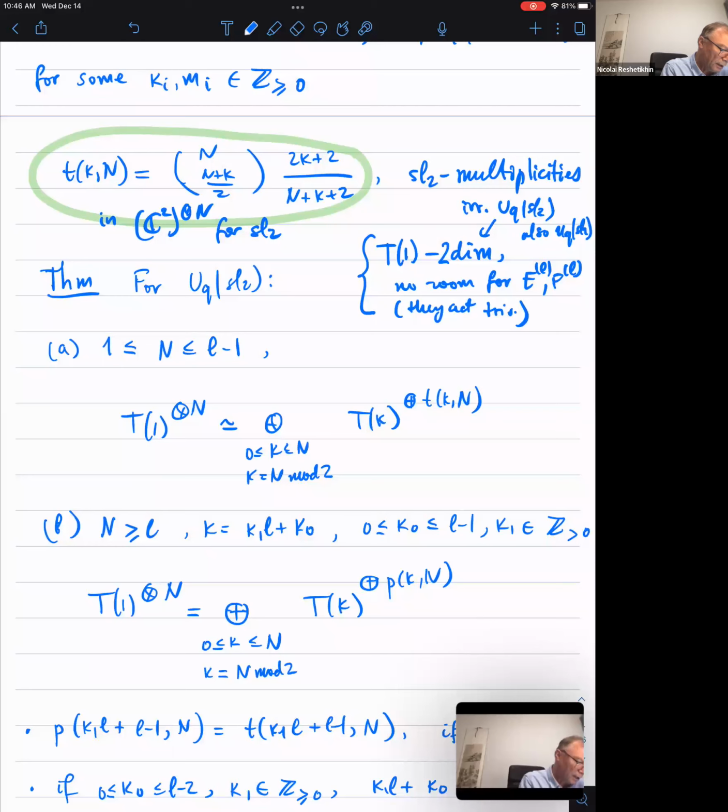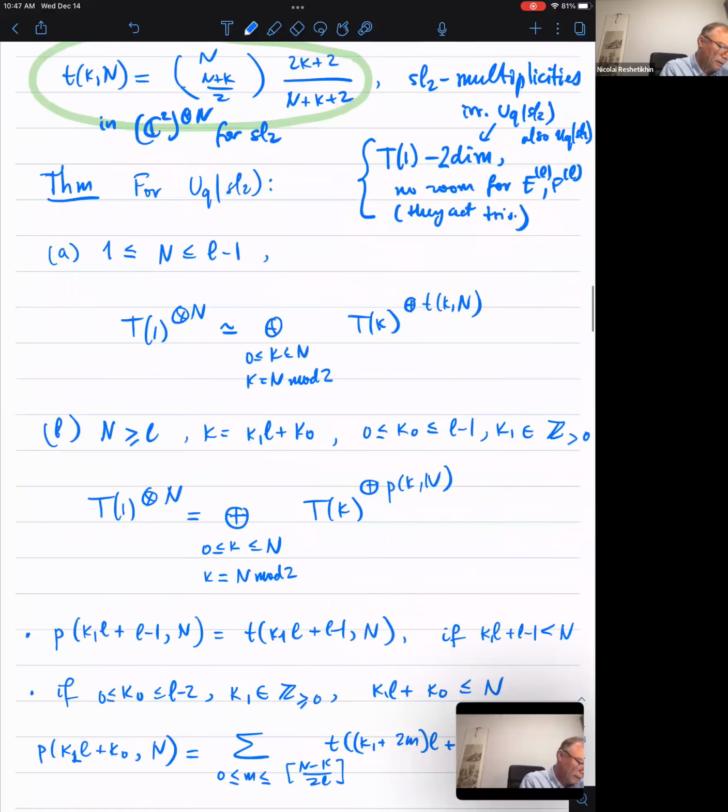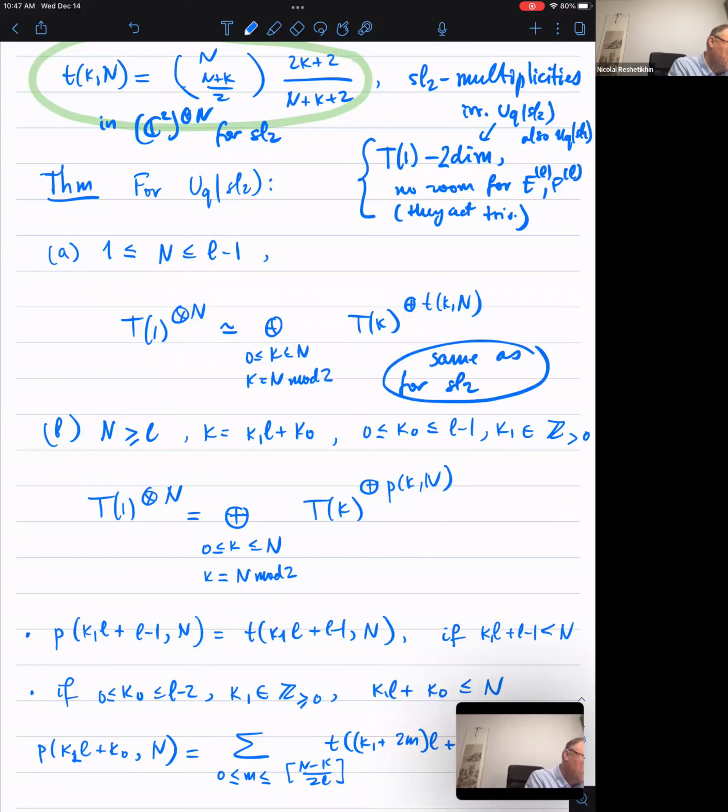Okay, and then the theorem is the following: if the degree n of the tensor product is between 1 and L minus 1, then the tensor product decomposition is the same as for SL2. So it's given by this formula.